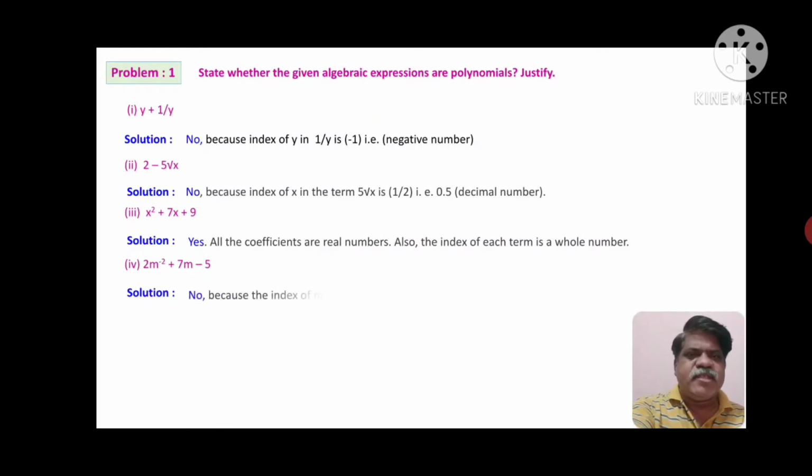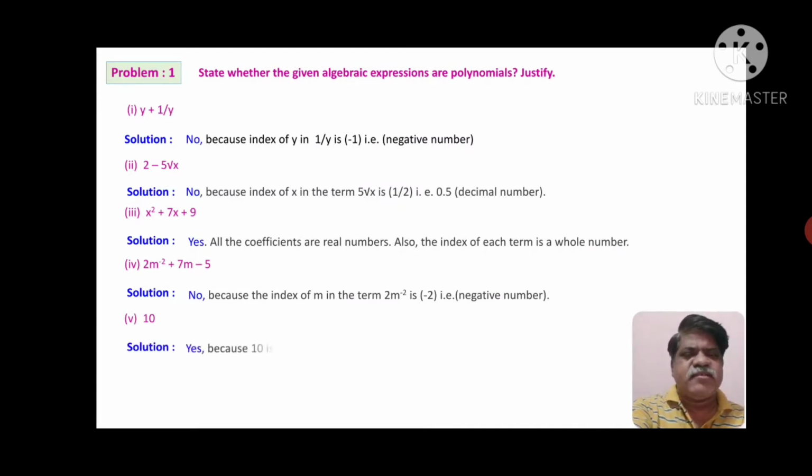Here you could see that 2m to the power minus 2 has a negative index, therefore this is not a polynomial. Fifth one, 10. Here you can say yes, it is a polynomial, since 10 is a constant polynomial.